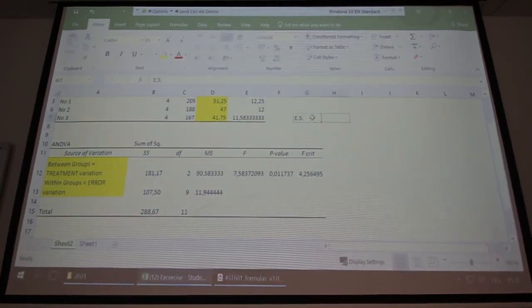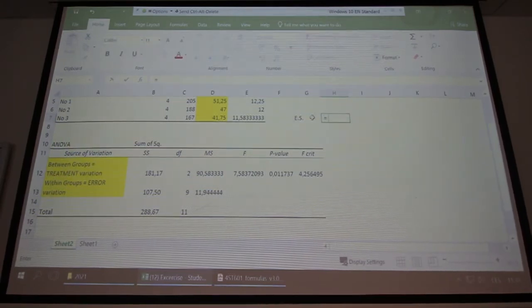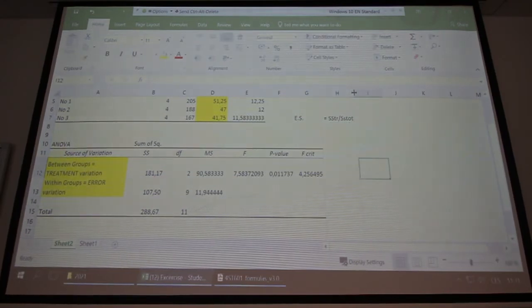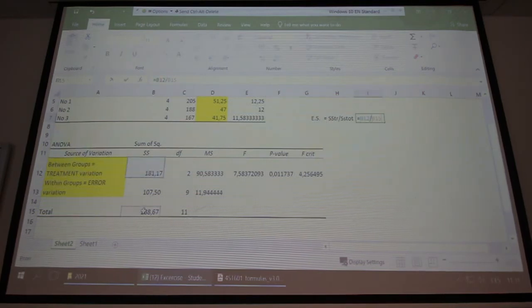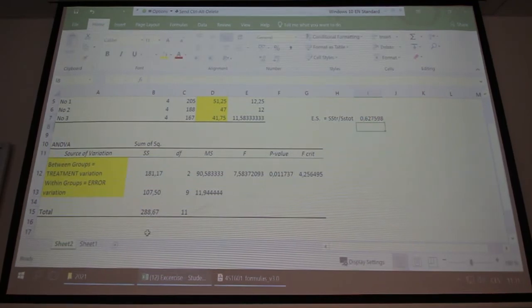Effect size, if you remember, was equal to the ratio of sum of squares treatment divided by sum of squares total. And we calculated treatment divided by total sum of squares. Yes, and do you remember the result? I don't remember. So I will see.